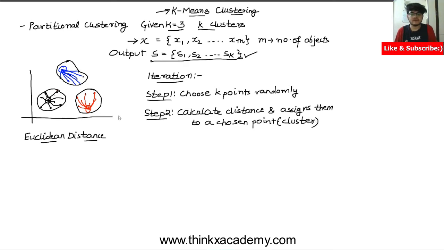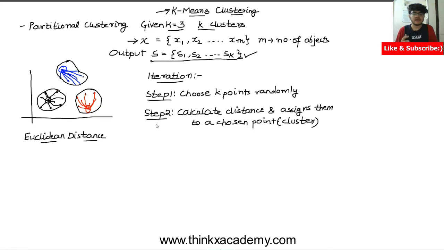So the question is, since now we have obtained these clusters, will the k-means clustering algorithm stop and return these 3 clusters? The answer is no, because at this point, after iteration 1, it is not optimized.